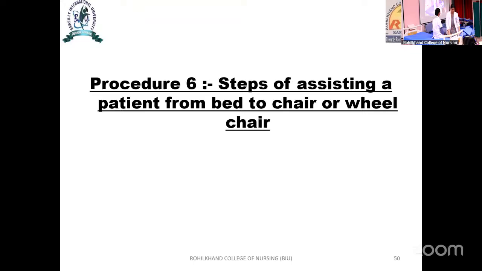Procedure number 6. Steps of assisting a patient from bed to chair or wheelchair.